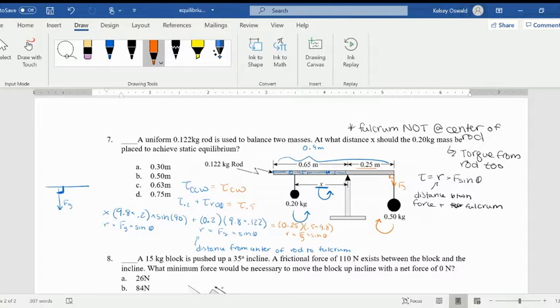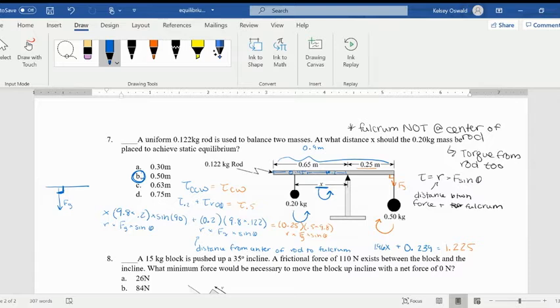All right, so from here, it just becomes an algebra problem to solve for that radius, or how far away that 0.2 kilogram ball is from the center. 0.239 is equal to 1.225, subtract 0.239 from either side, divide by 1.96, and we should get that our 0.2 kilogram ball has to be placed 0.5 meters from that fulcrum.